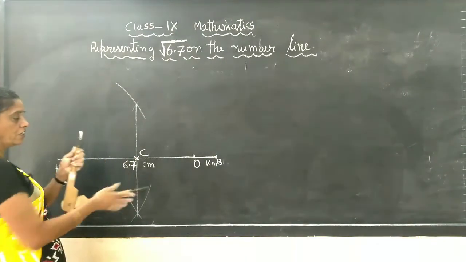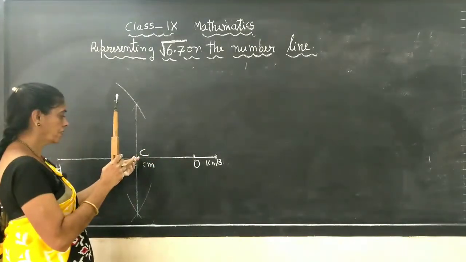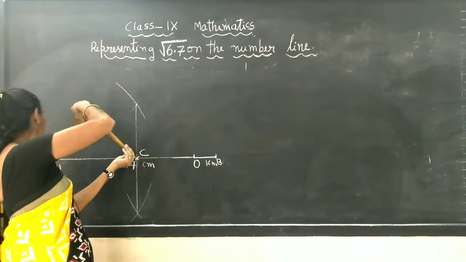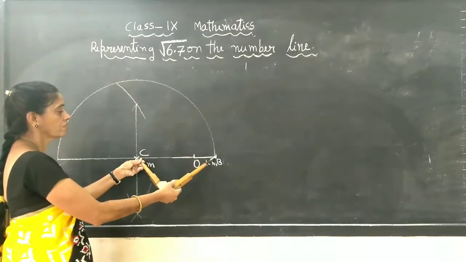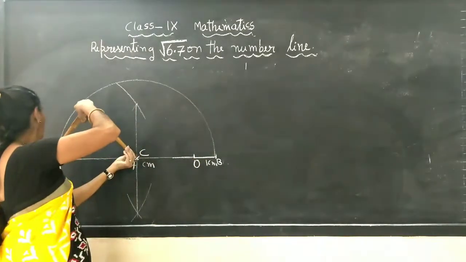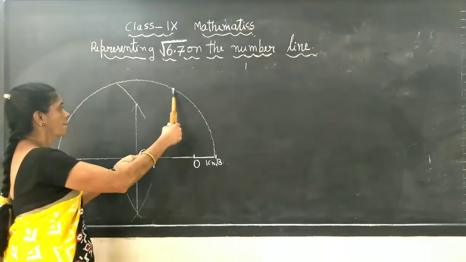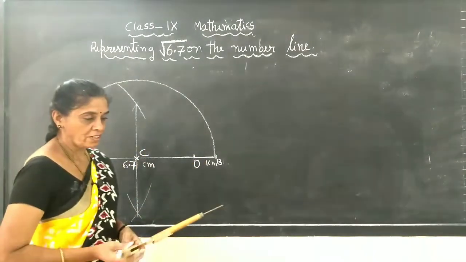Got it? Now, taking that radius in the compass, draw one semicircle.